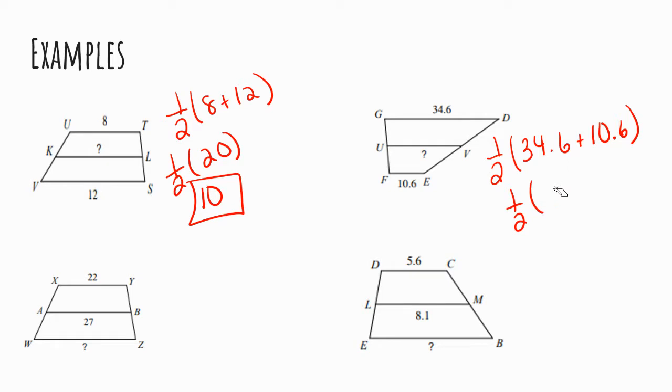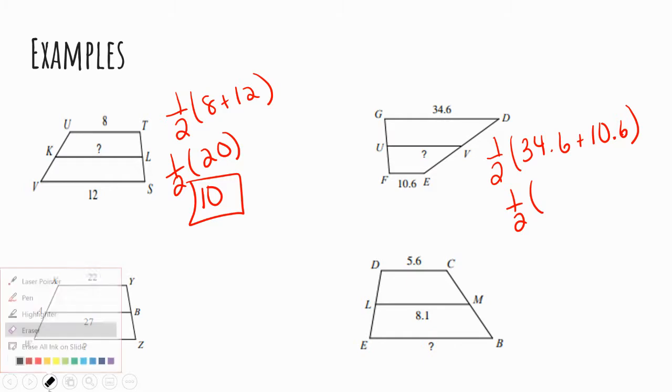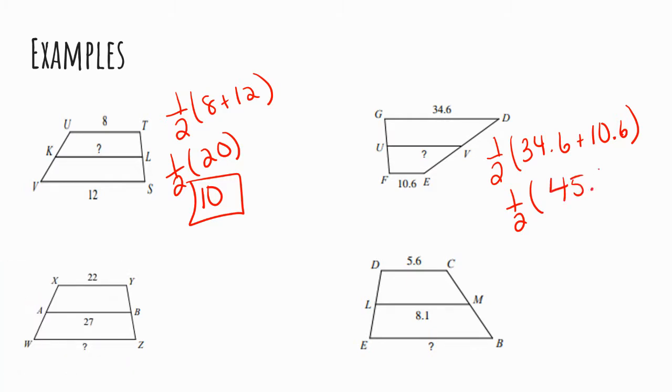I wasn't counting my 0.6s in there. That's 45.2. When I take half of that, I can just divide it by 2, and that gives me 22.6. So for this one, my midsegment is 22.6.